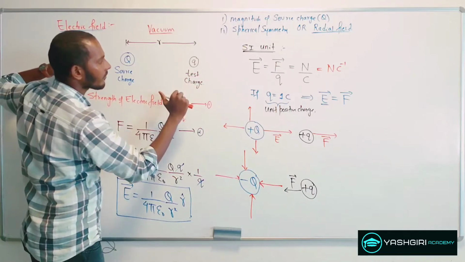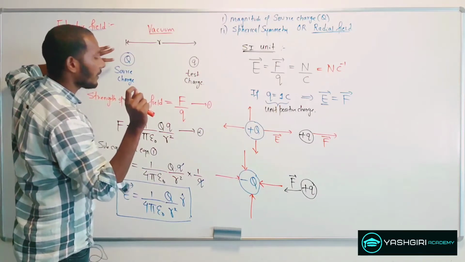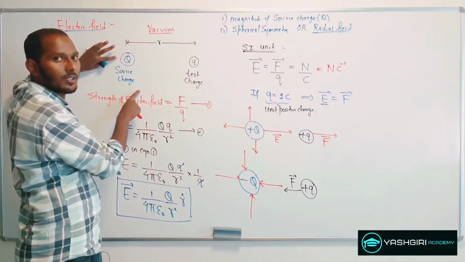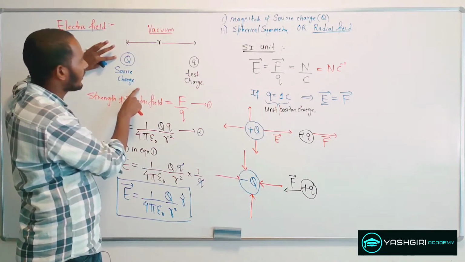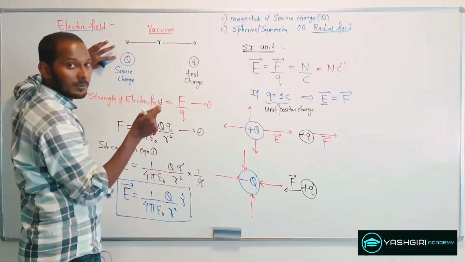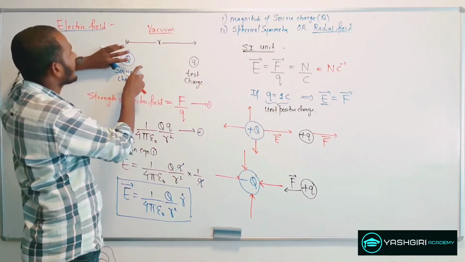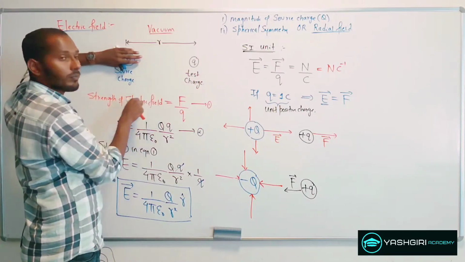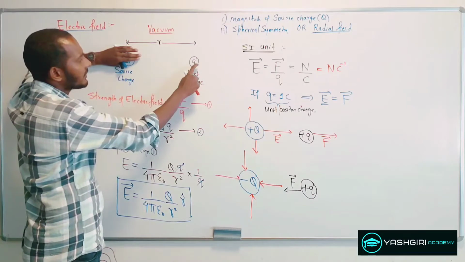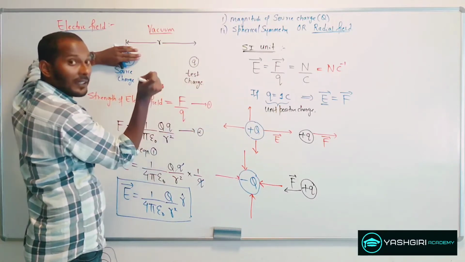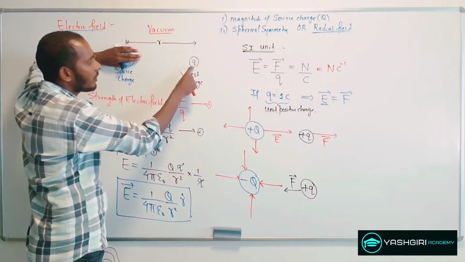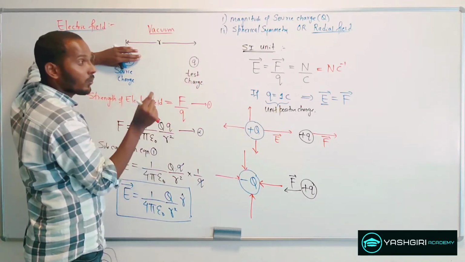But whenever you are interested in measuring the strength of an electric field for any charge, in practice this test charge should be very negligible, because we are interested in measuring the electric field for this capital Q. So this is just to measure the effect of the electric field. So here I see that this small charge q is always very small.